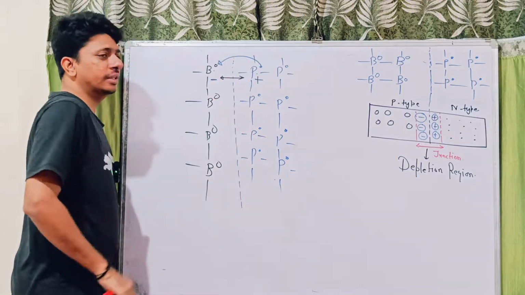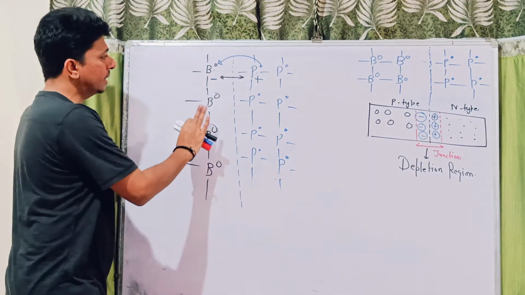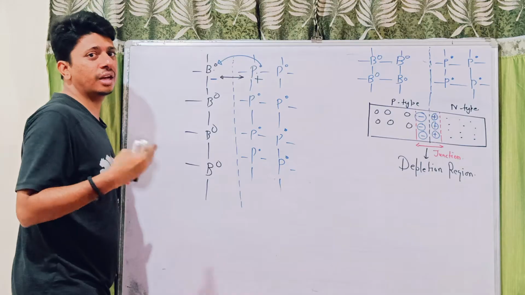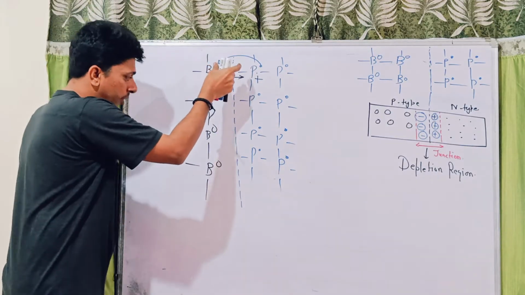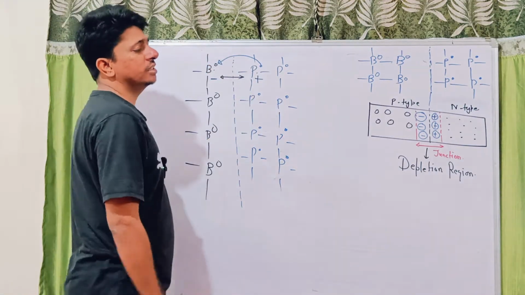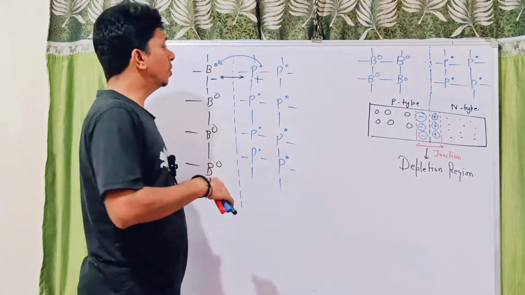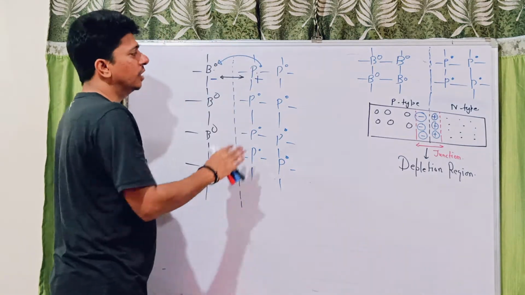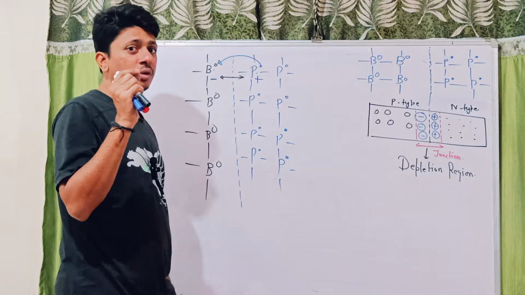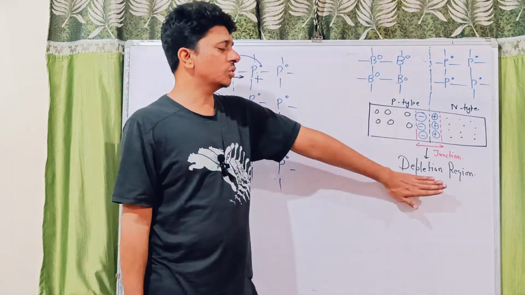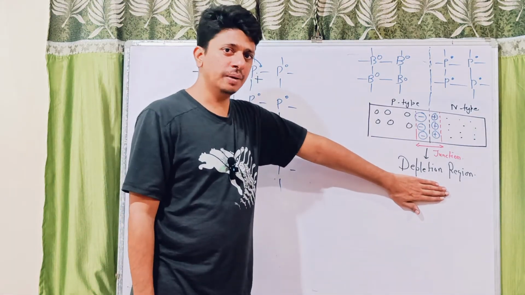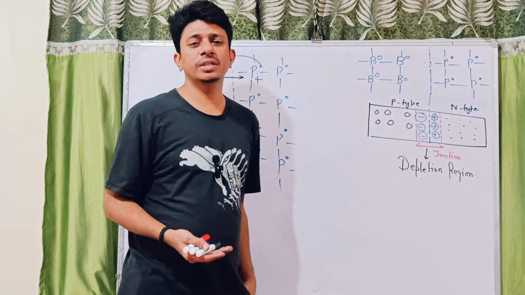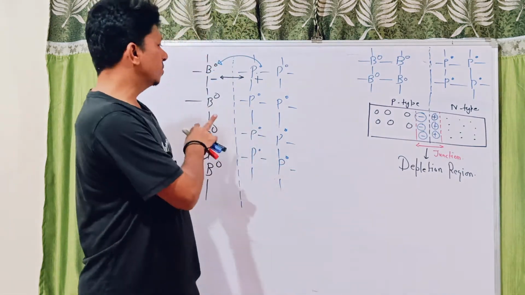If we look clearly at the junction physics, at the junction this deal is happening, and with this deal these charges are getting created, and because of this, in this region there is no free electron or free holes, and that is why this region is called depletion region. Clear? At the junction some depletion region will be created because of this.